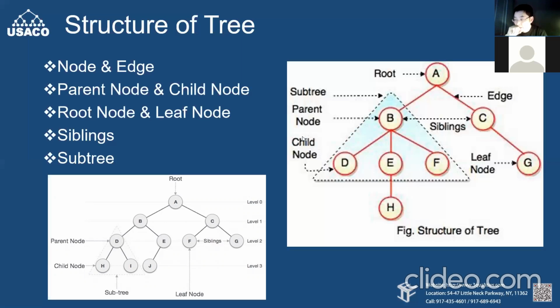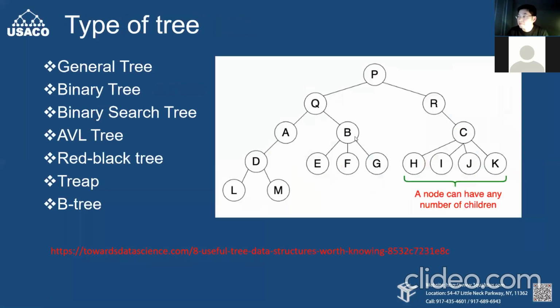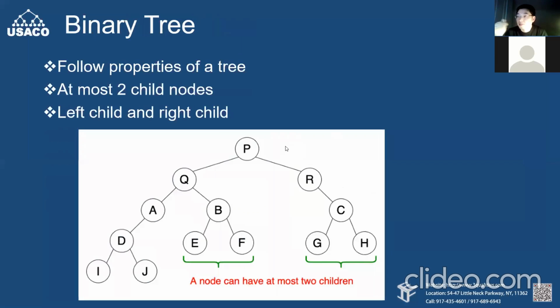And then we're talking about the different types of trees, mainly depending on how many child nodes one node can have. To simplify, in our section here we mainly talk about the binary tree.